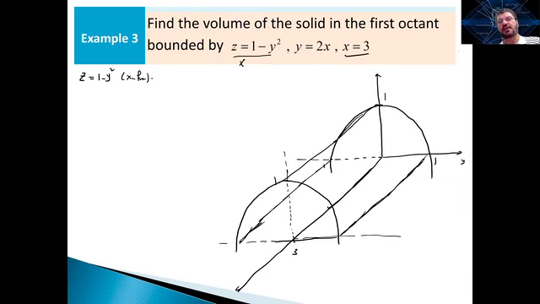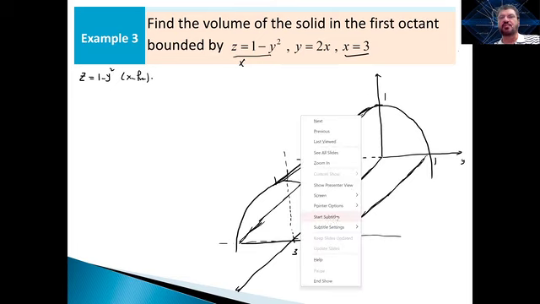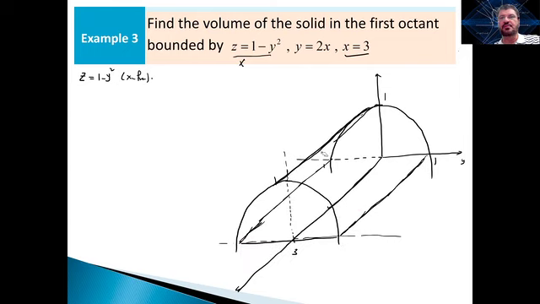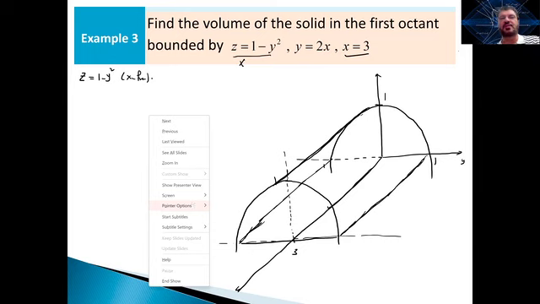And this is how it looks like, guys. It's like a tent or something. Alrighty, so this is our shape. Let me remove some of those unclear ones. Okay, there you are. So this is our solid, guys.